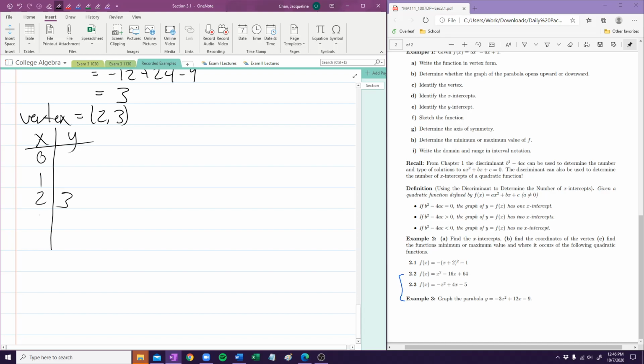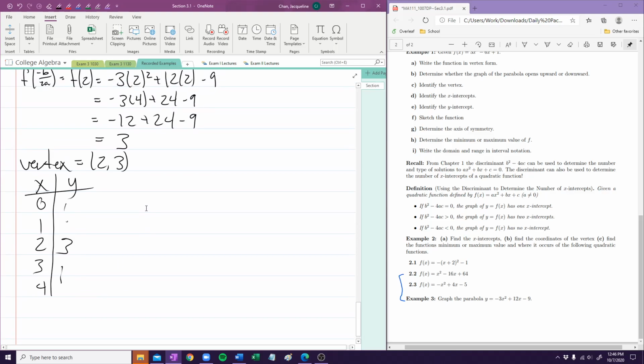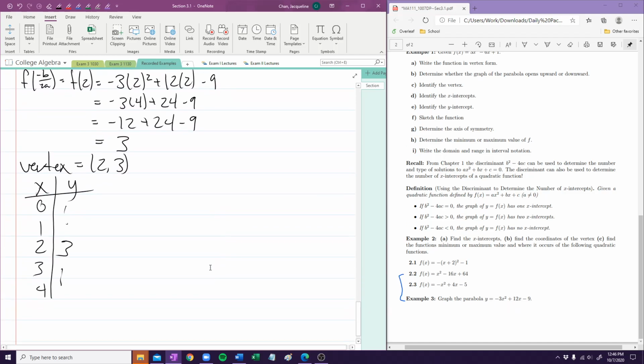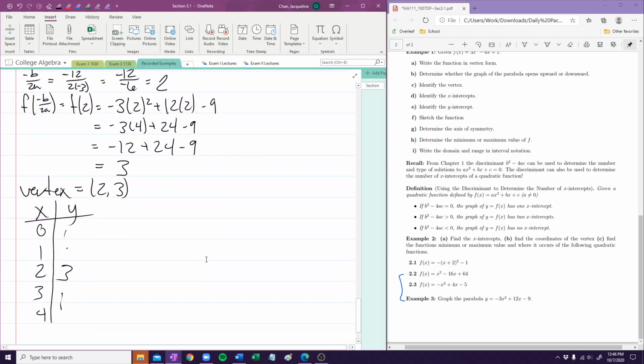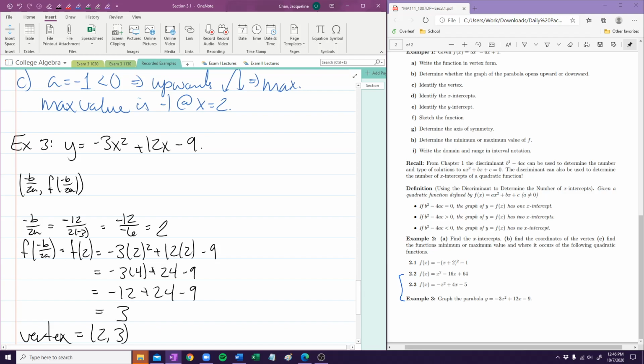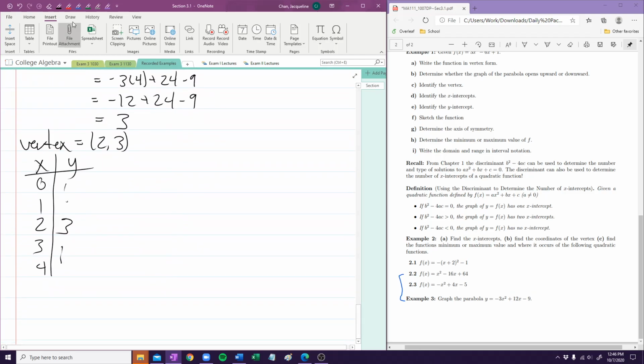So you can pick 0, 1, and then 3, 4. I know you all are more than capable of plugging in these x values into your function to find your y values, so I'm not going to continue with this. Another way to do this is to find the vertex form and then use transformations, and I will show you how to do that.